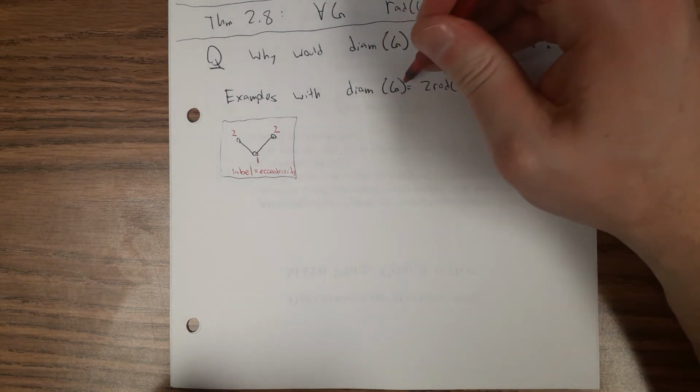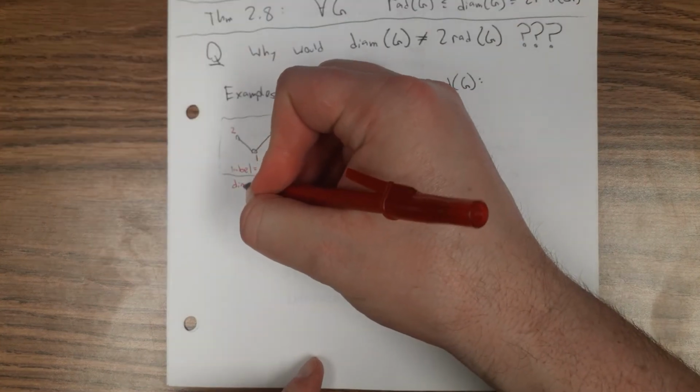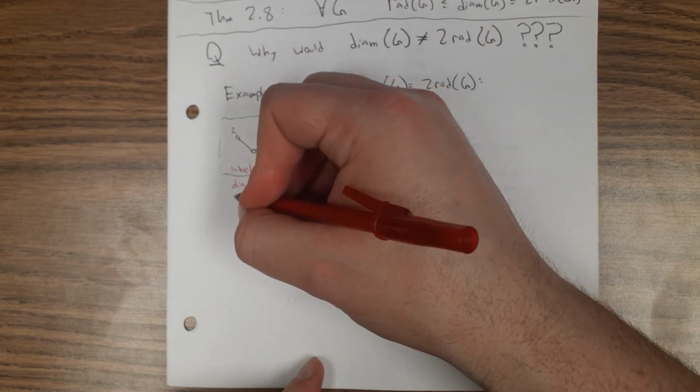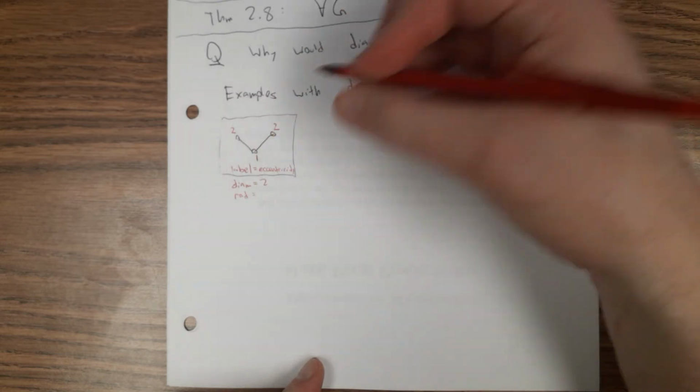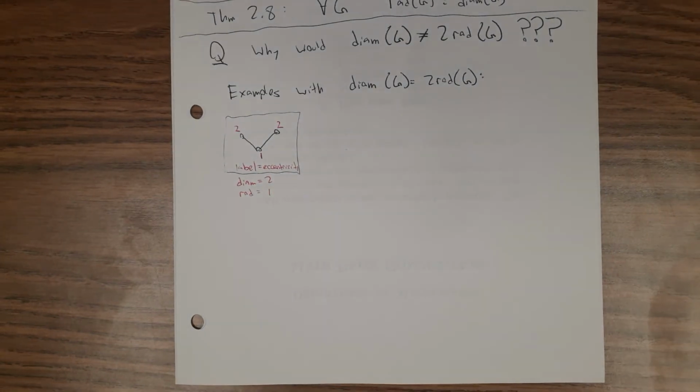The diameter of a graph is the largest eccentricity, and the largest number I see here is 2. The radius is the smallest eccentricity, so the radius is going to be 1.